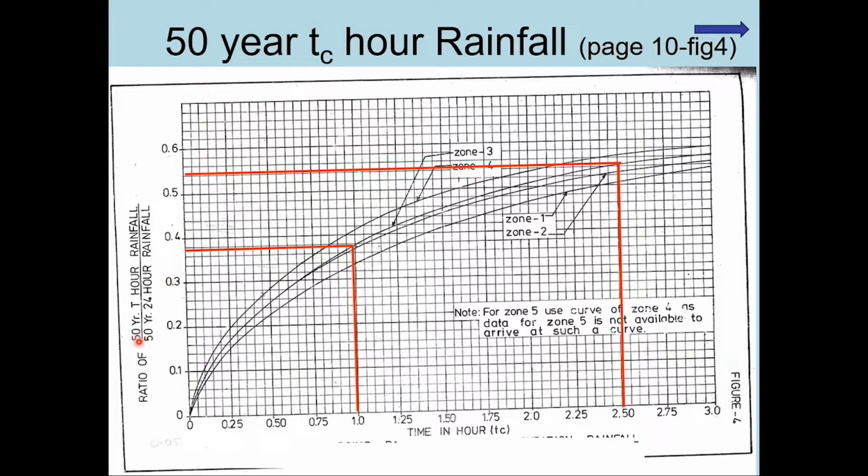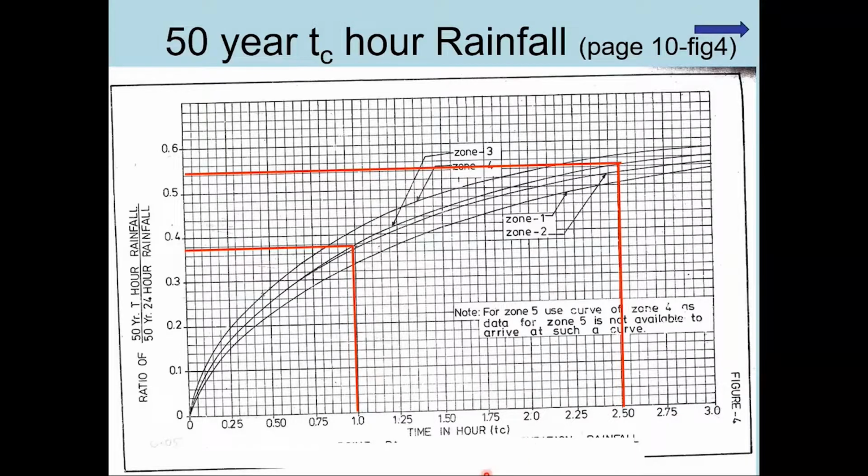The ratio is between the 50-year T-hour rainfall and the 50-year 24-hour rainfall. So this ratio, 50-year T-hour rainfall divided by 50-year 24-hour rainfall, is on the y coordinate, and on the x coordinate time is TC.